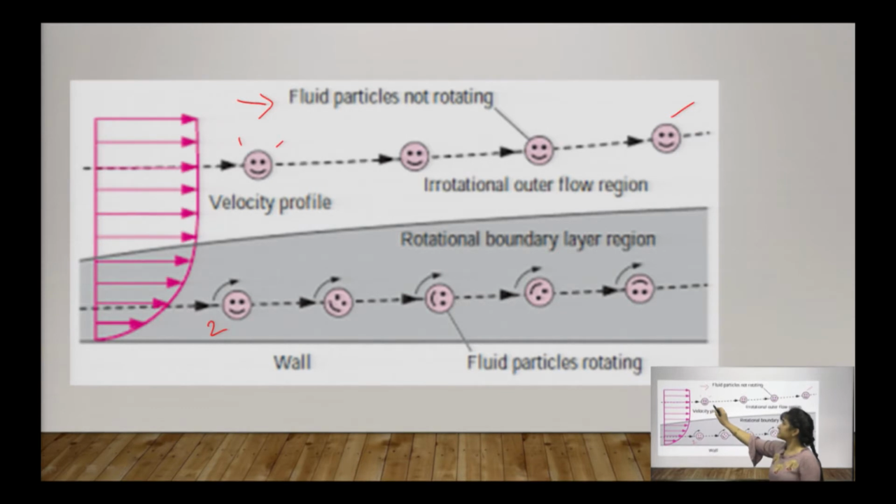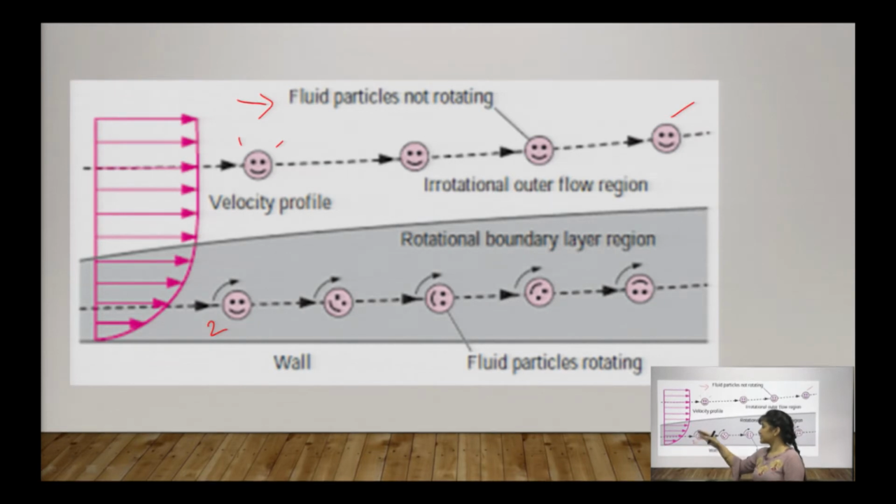After covering a certain distance, it is again not rotating about its own axis at point B and point C. Even after reaching the final point, that single fluid particle is not rotating about its own axis, and hence this type of flow is known as irrotational flow. That is, there is no change in velocity component with respect to the distance travelled in either of the sides.